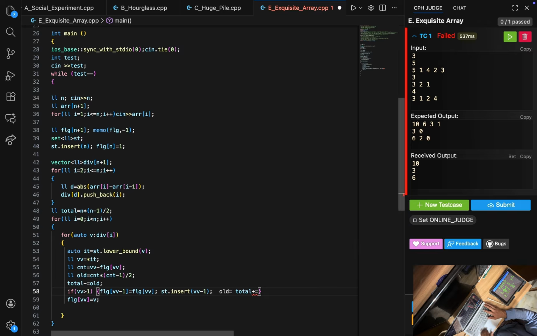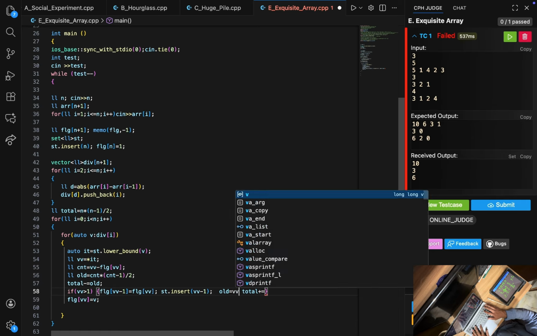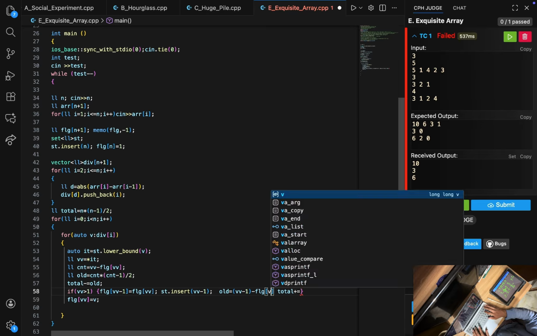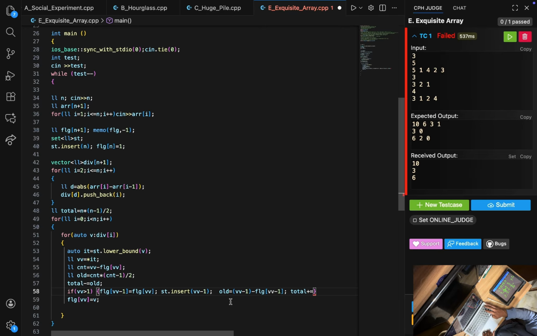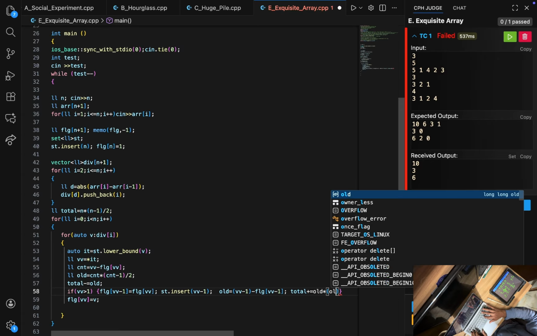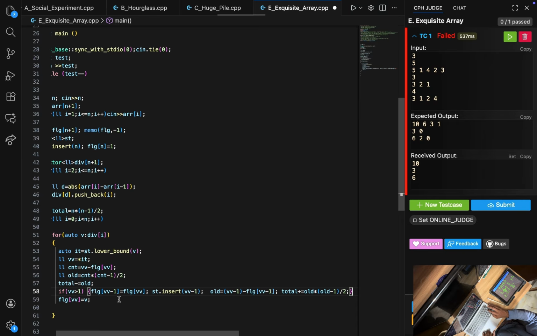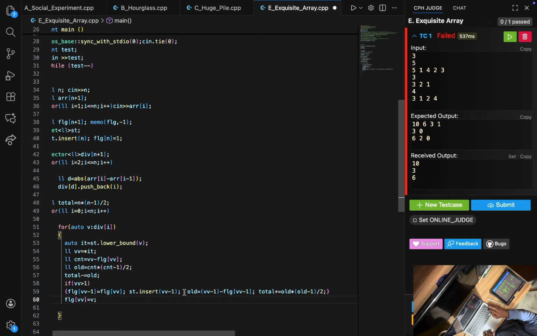Let's name it old. Old equals vv minus 1 minus flag vv minus 1. Old into old minus 1 divided by 2. Yeah, that should be all, I guess.